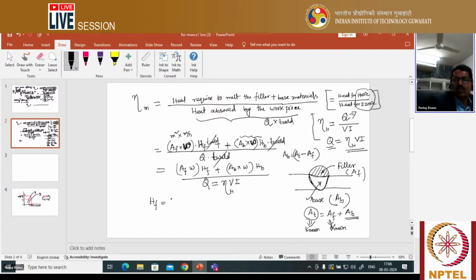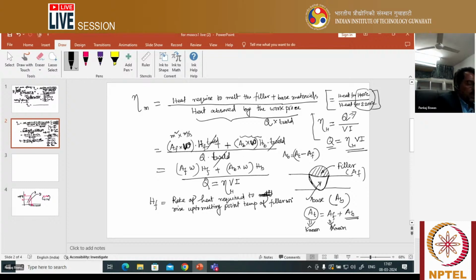HF is the rate of heat required to raise the filler wire up to its melting point temperature and melt it.